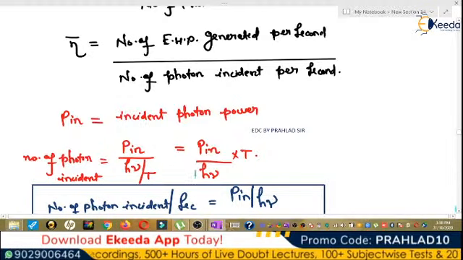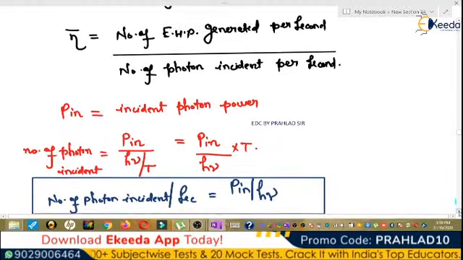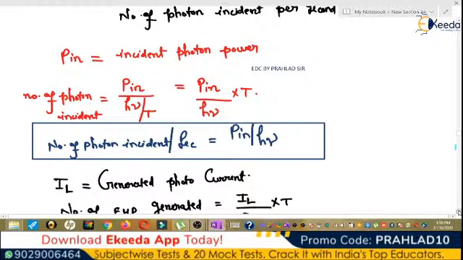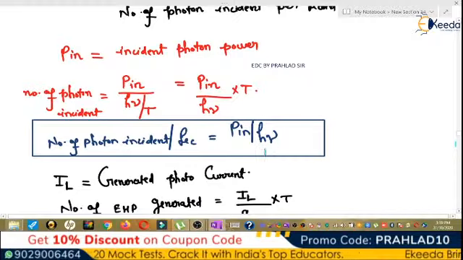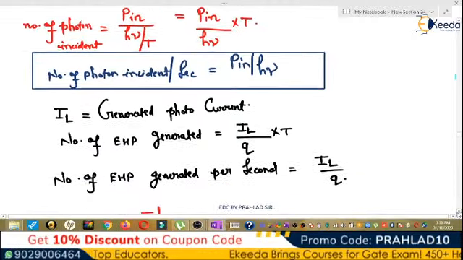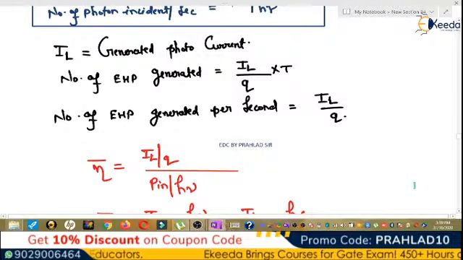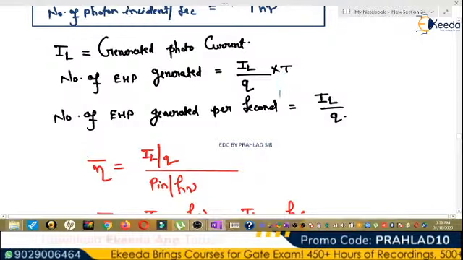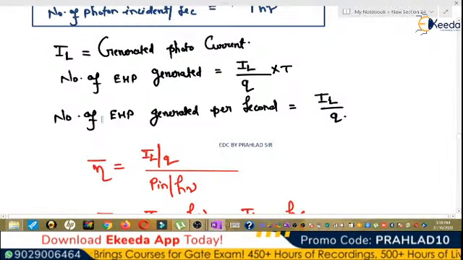The number of photons incident is Pin divided by h nu, over T, so the number of photons incident per second is Pin over h nu. IL is the generated photocurrent. So the number of electron-hole pairs generated is IL over Q into T, and per second it is IL over Q.